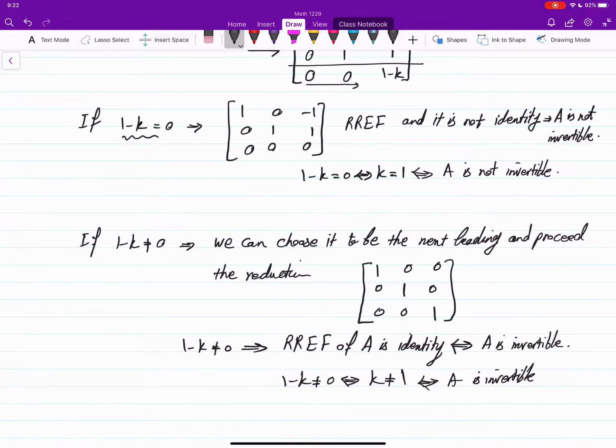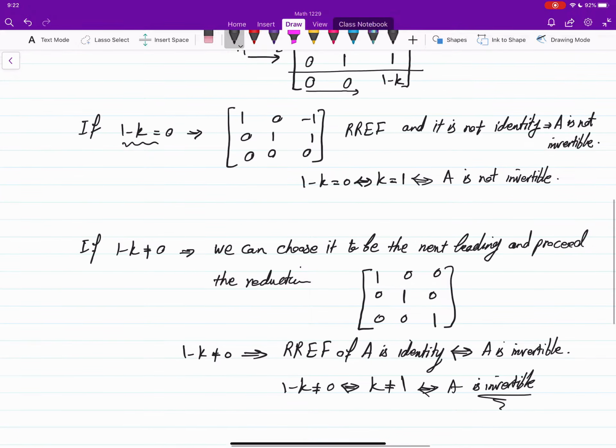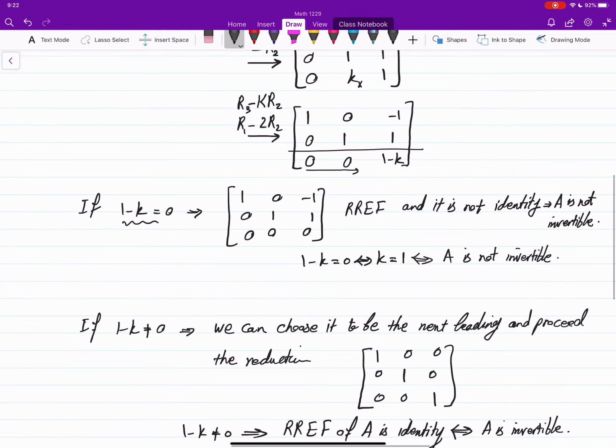Something that you have to be very careful about: some people, when they get to this stage, try to force this guy to be 1. That is wrong. This can be any non-zero number. You can turn it to 1. Yes. So let's say it is 2 here, 1 minus k is 2. In the next step, you multiply the whole row 3 by 1 over 2 and turn it to 1.